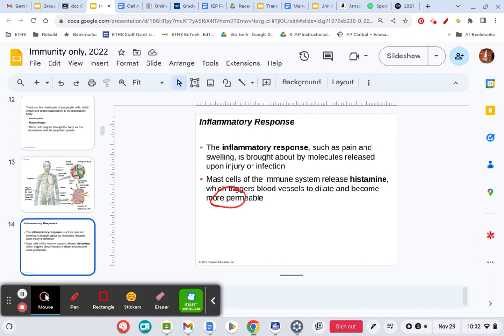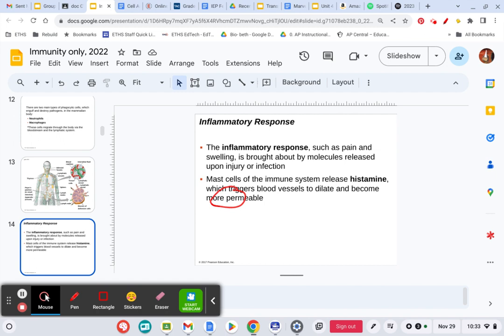And histamine will trigger a local response that makes the blood vessels around that infection get bigger, dilate. And it also makes them more permeable. What does permeable mean? Things can go through it. So it means that the blood vessels around that infection, things can go through there more easily.